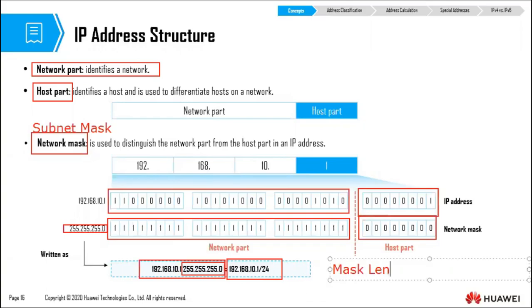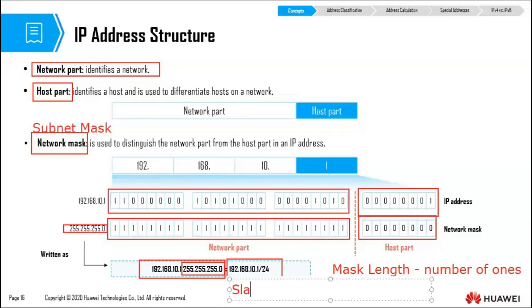The mask length is simply the number of ones in the mask. So by that, what will be the mask length for 255.255.255.0? We have 24 ones.